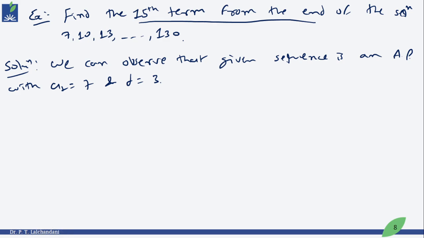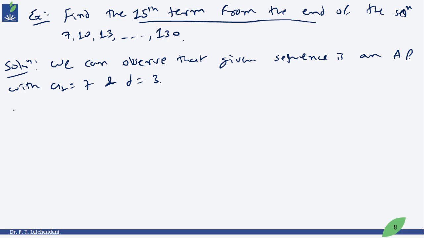Now, how can we identify which term will be the 15th term from the end? First of all, you should know which term the last term is, that is, for which value of n, a_n is equal to 130. So first we'll try to identify the number of this term 130.